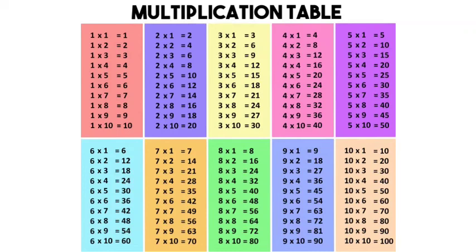Ishwak, you tell me the table. Harshit, you also. Ishwak, tell me the 7 table. Okay, tell me the 8th table. 8 4s are 32.